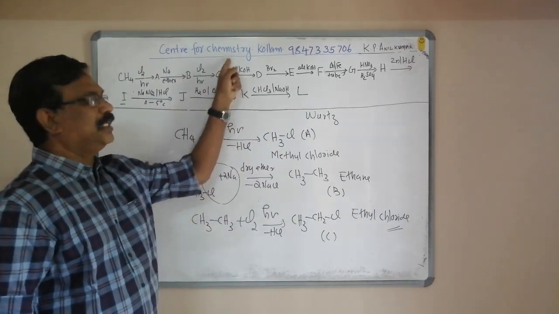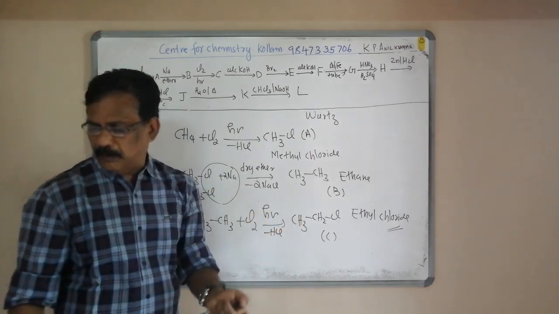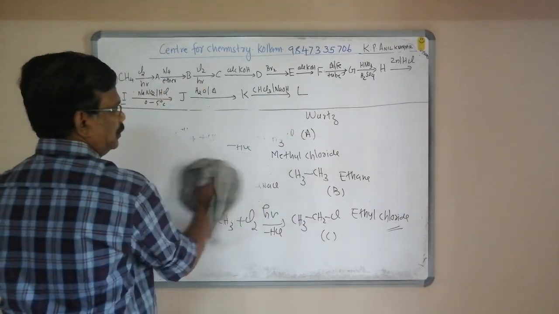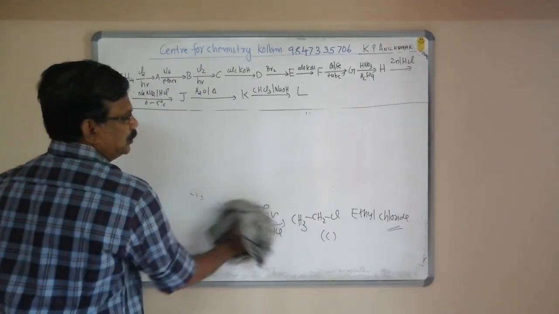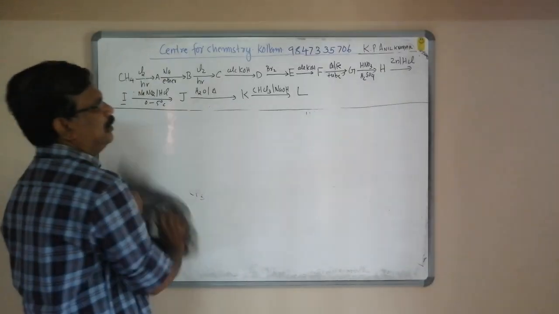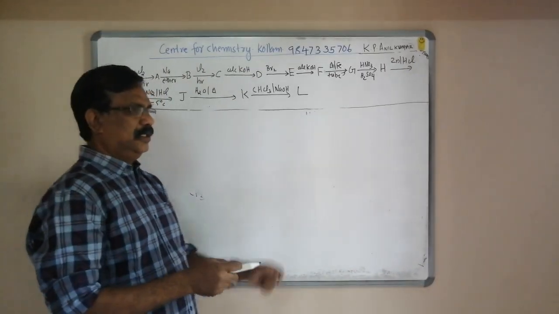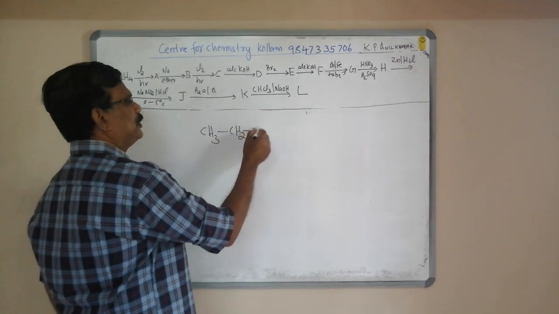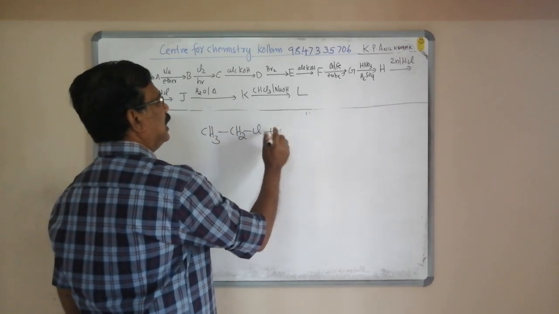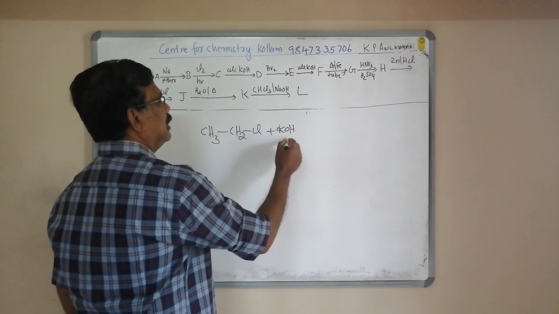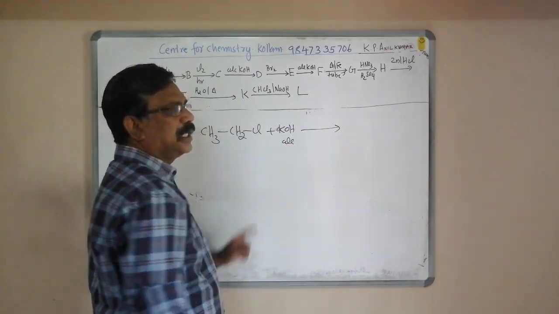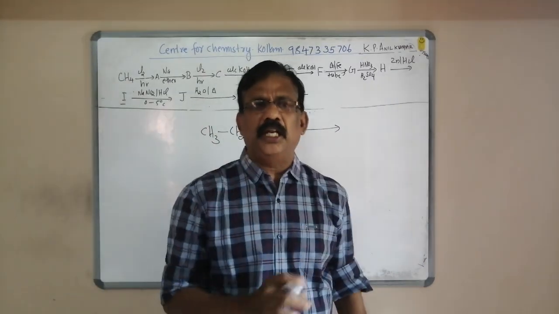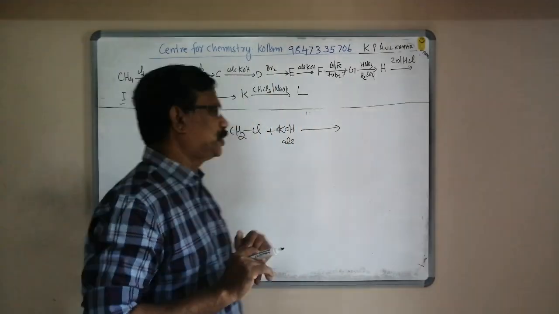Then C to D, the reagent is alcoholic potassium hydroxide, alcoholic caustic potash. C is chloroethane, CH3CH2Cl, plus KOH, not aqueous, alcoholic KOH. Alkyl halide with alcoholic KOH is a dehydrohalogenation or beta elimination reaction.